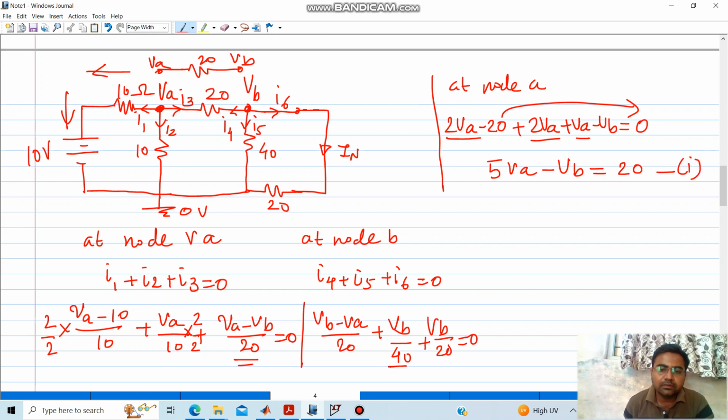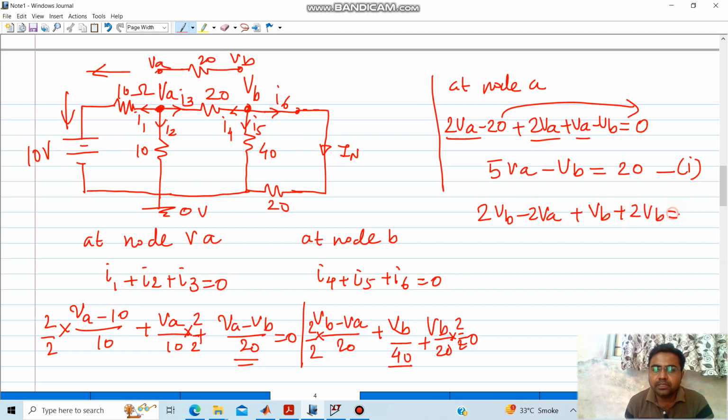Now here what we can do is multiply with 2 on first and last term, so that in denominator we will be having 40, which we can take out and we can multiply with 0. So that would be like 2VB minus 2VA plus VB plus 2VB is equal to 0.